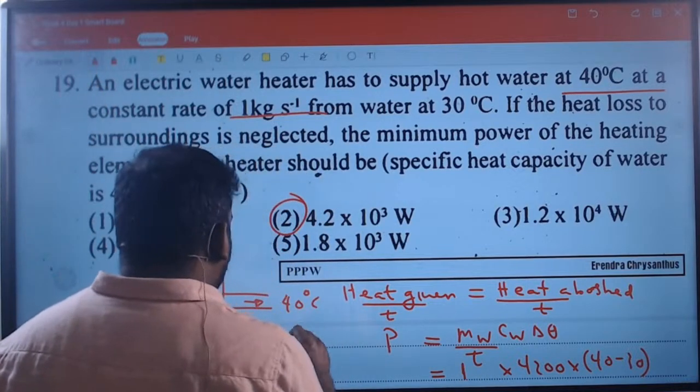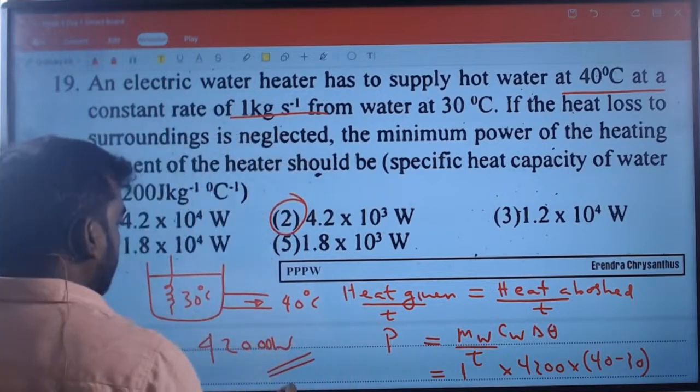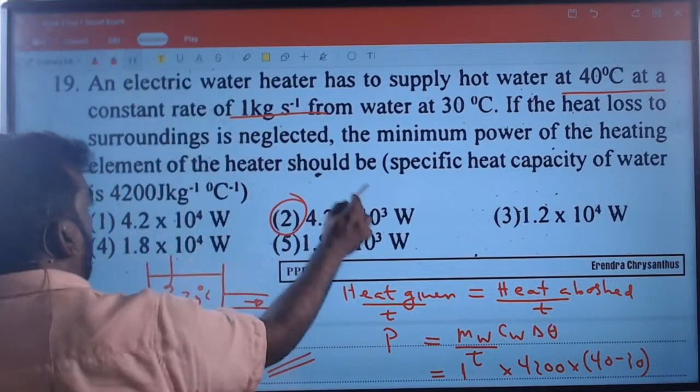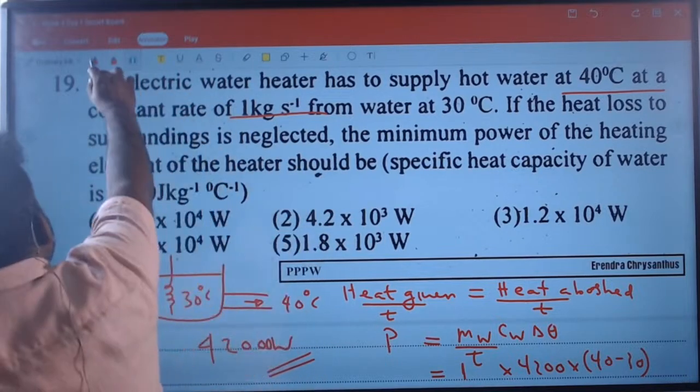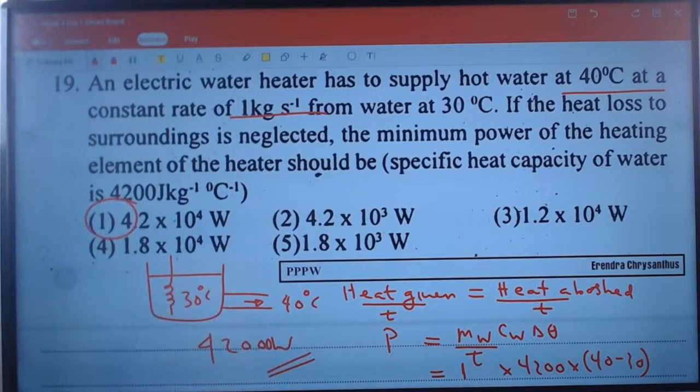Then 42,000. That is 1.2 times 10 to the power 4 (4.2 times 10 to the power 4), answer number 1. Okay.